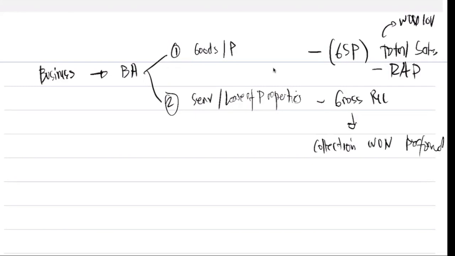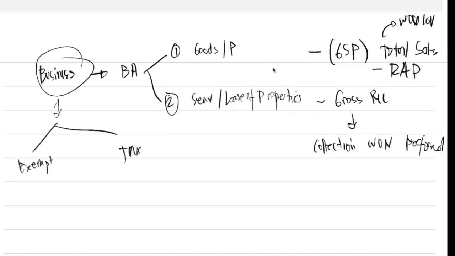So regardless of whether the service is already performed or the lease is already taken, we still add it in your gross receipts so long as you have collected it. After you know your particular business activity, of course, you need to learn whether that particular business is exempt or taxable.